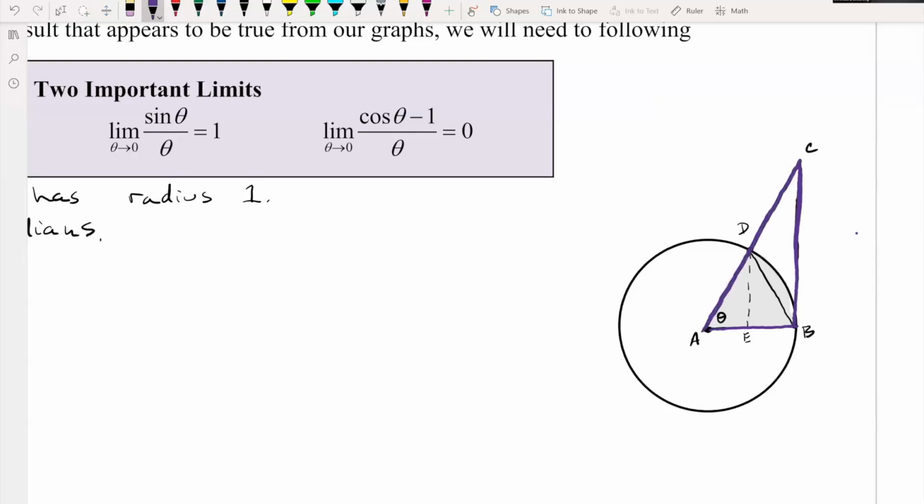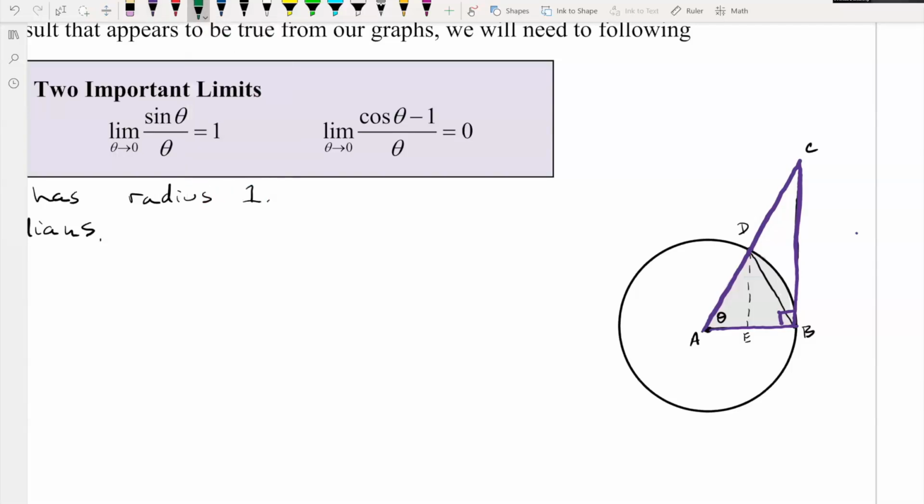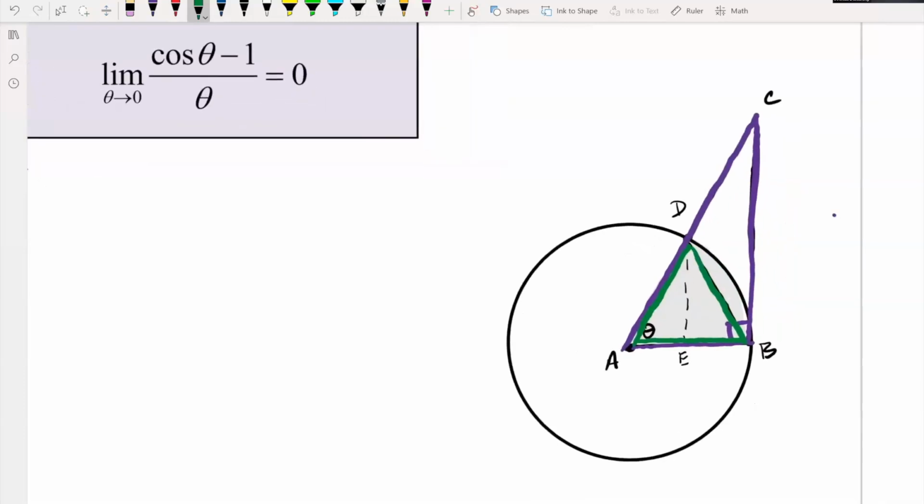Okay, and this is a right triangle here. And then the other triangle I want to highlight, I guess I'll do it in green, is going to be this triangle here. And so we have three areas that we're talking about: the green area, the gray area, and the purple area, okay?